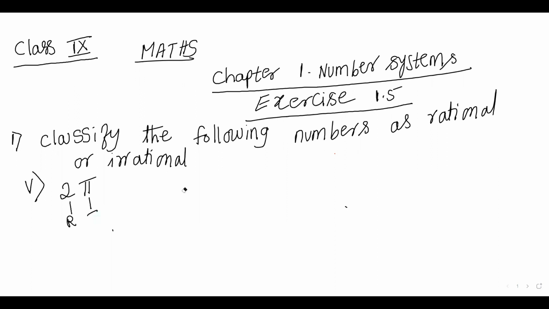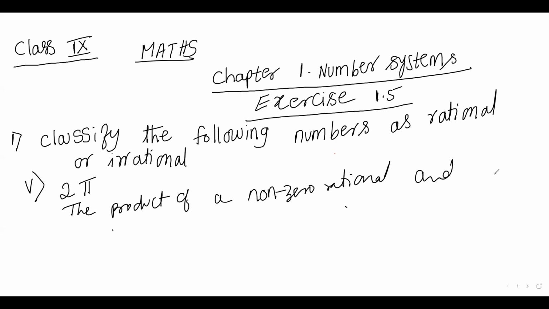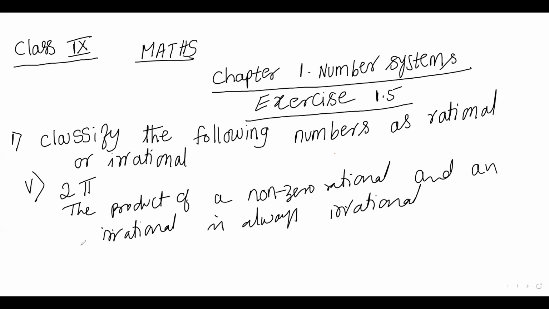So please write down: the product of a non-zero rational and an irrational is always irrational. 2 is rational, pi is irrational.